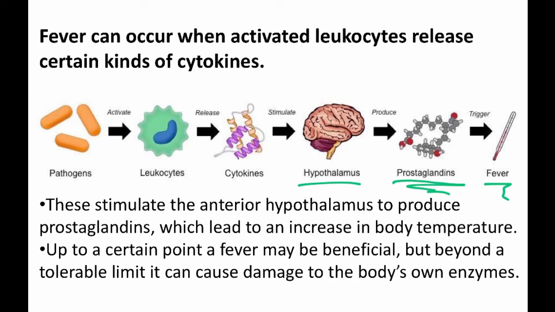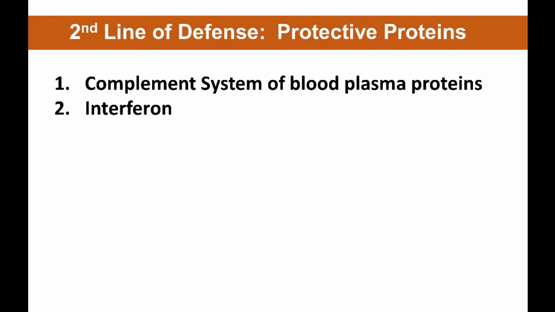At a certain point, though, fever becomes problematic for our own cells, because remember that proteins change shape when you change temperature too radically, and our enzymes will stop working.